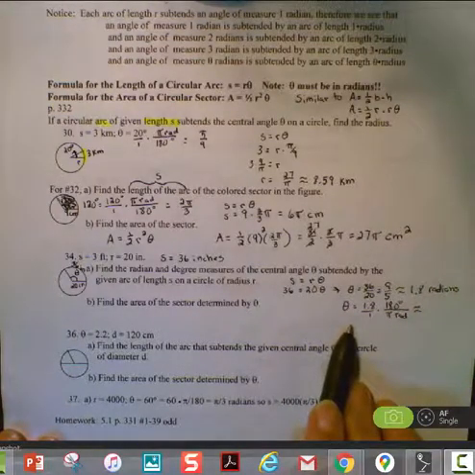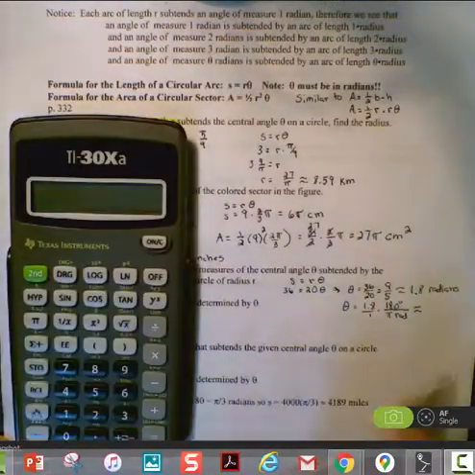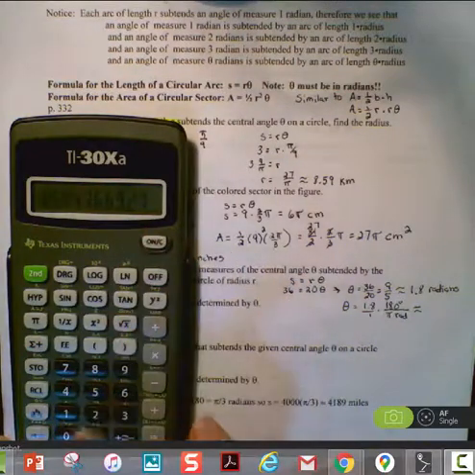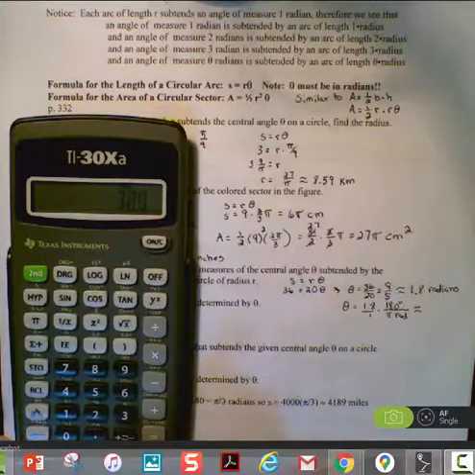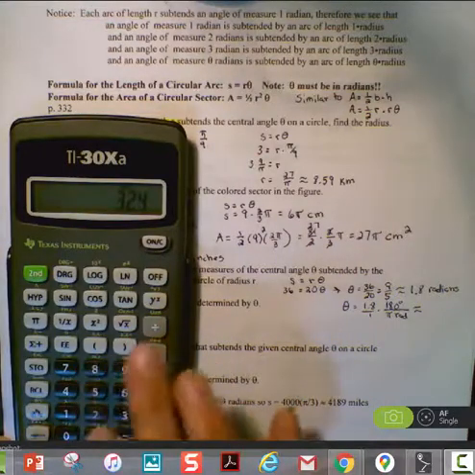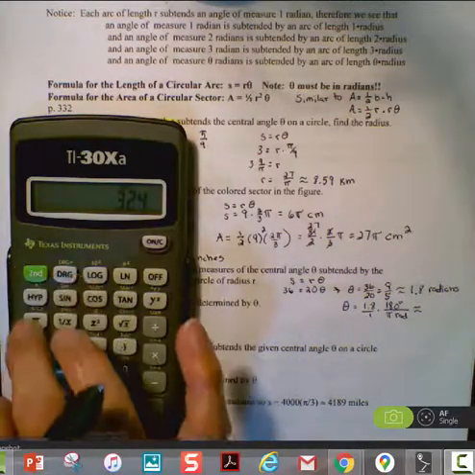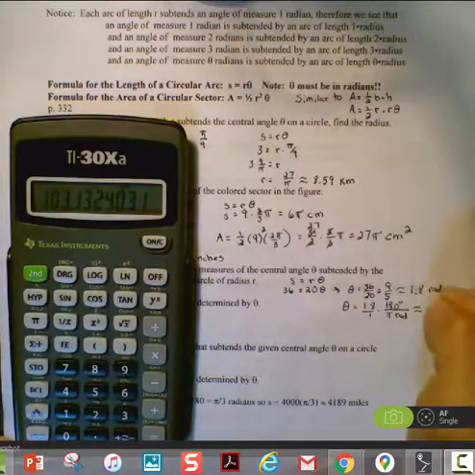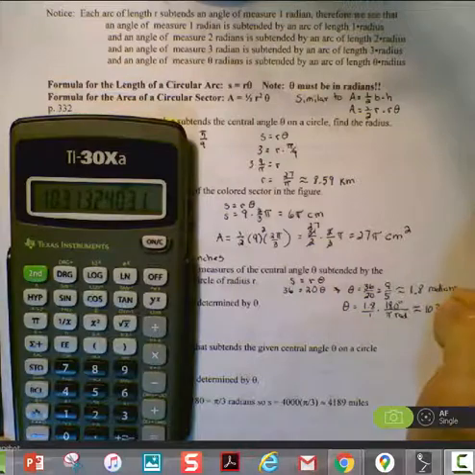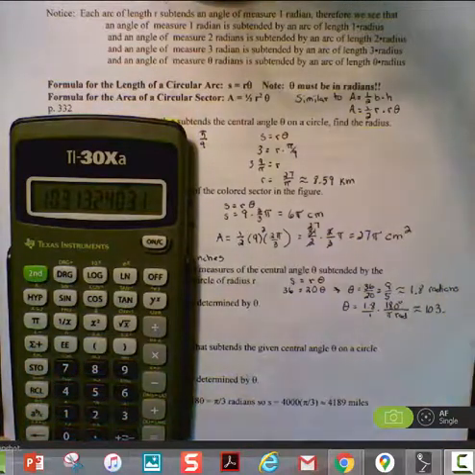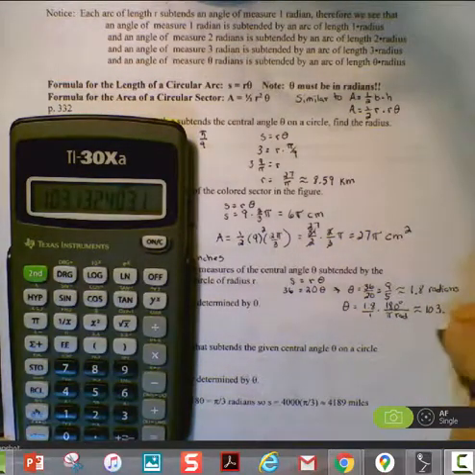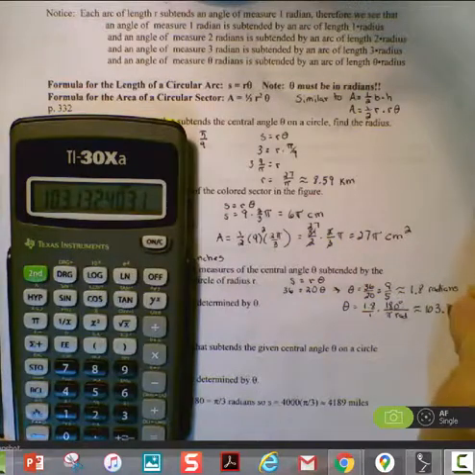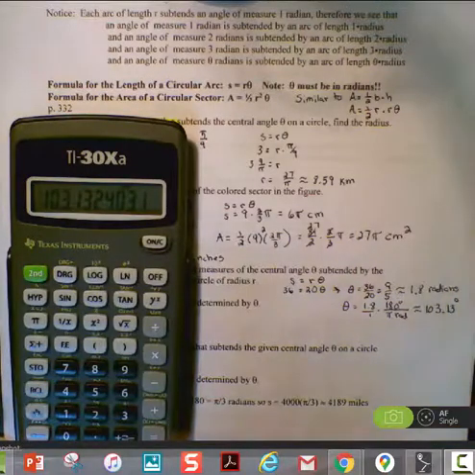I just need to multiply the 1.8 times 180 and then divide that by pi. I have approximately 103. We weren't told what to round to, so I'm going to round it to 103.13 degrees.